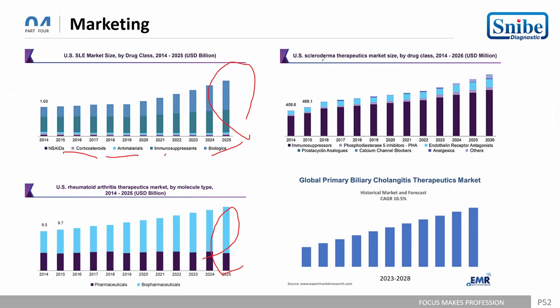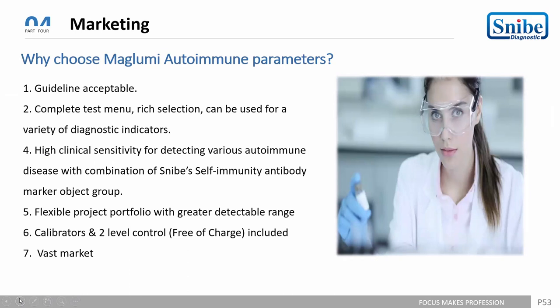The US scleroderma therapeutic market size is also increasing from 2014 to 2026 within different classifications, and the global primary biliary cholangitis therapeutics market also has a historical and forecast growth rate of 10.5%. So overall, the rheumatoid arthritis market growth rate is high, and on a CAGR basis there is potential for more market growth in the future for these markers.